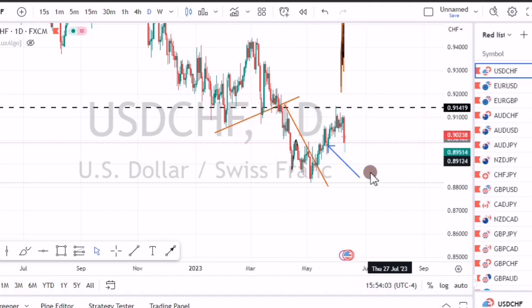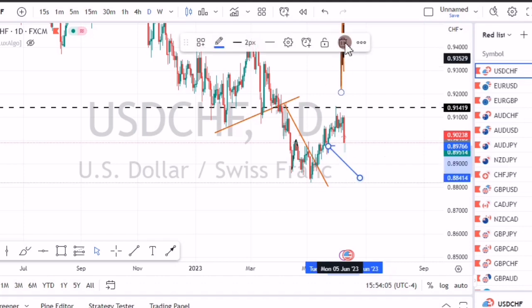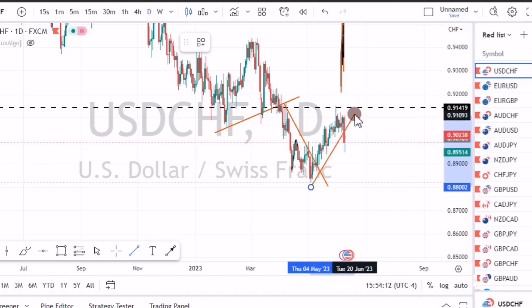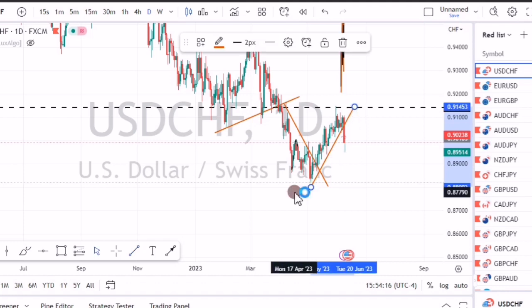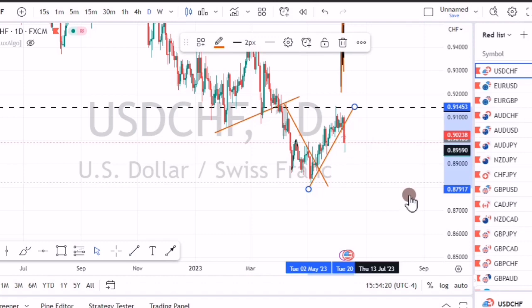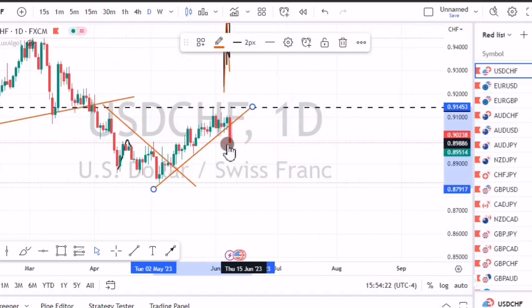Okay, now let me show you this. Notice that price was now on this upward channel. Okay, price was now on this upward channel, and right now you can see that price broke out of the channel.